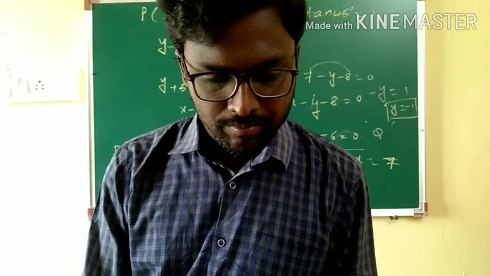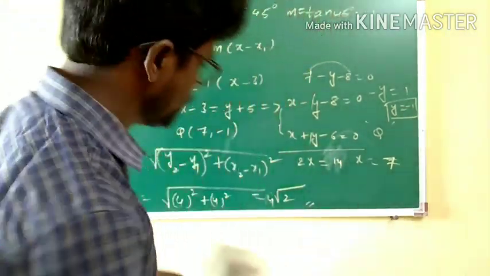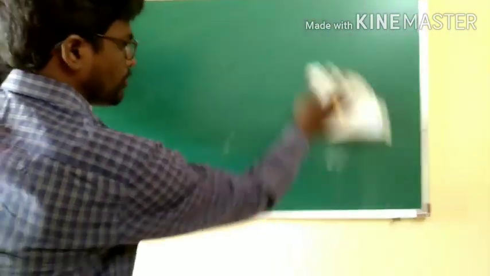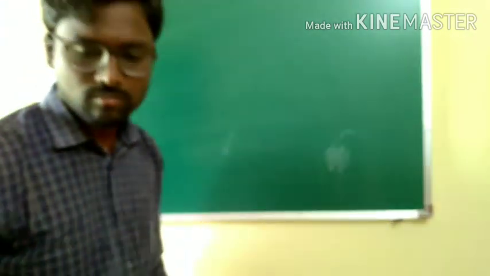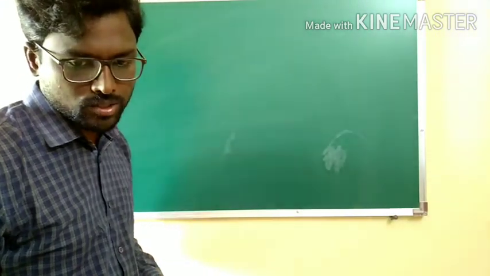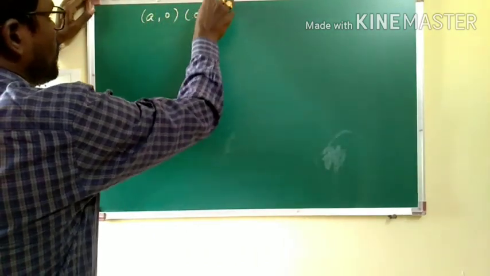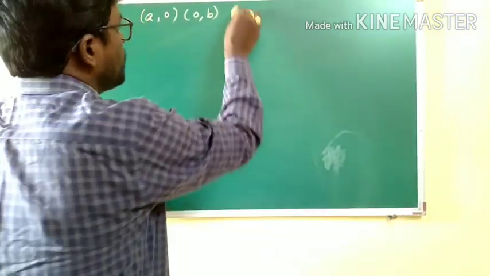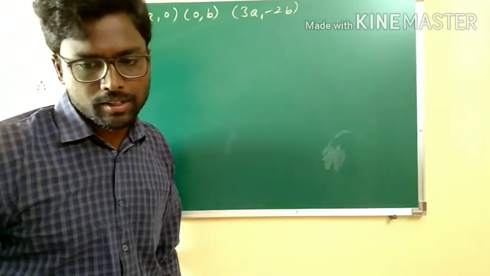Show that the points (a, 0), (0, b), and (3a, -2b) are collinear.